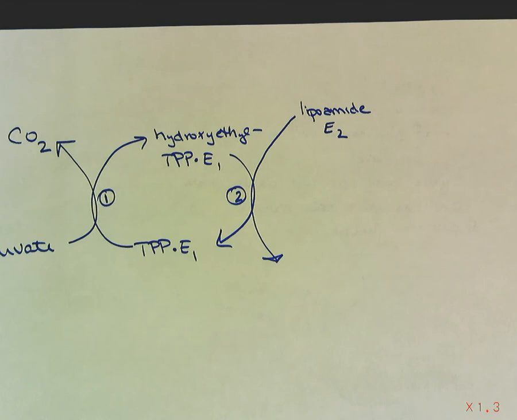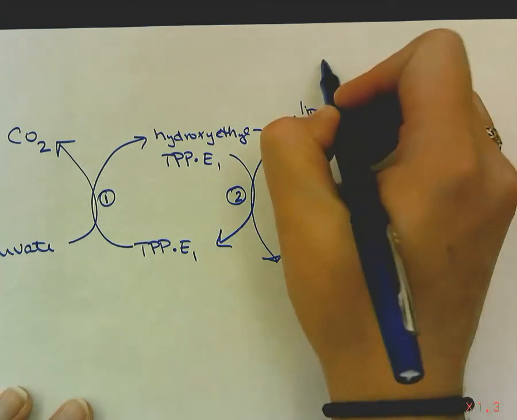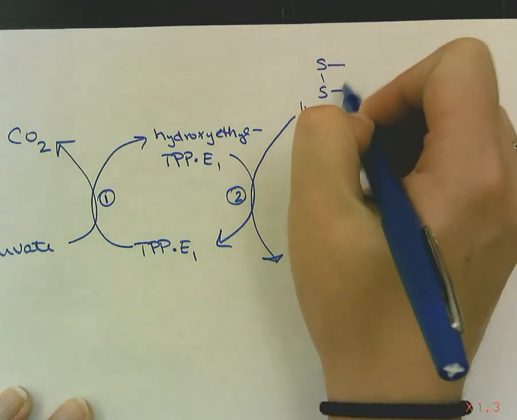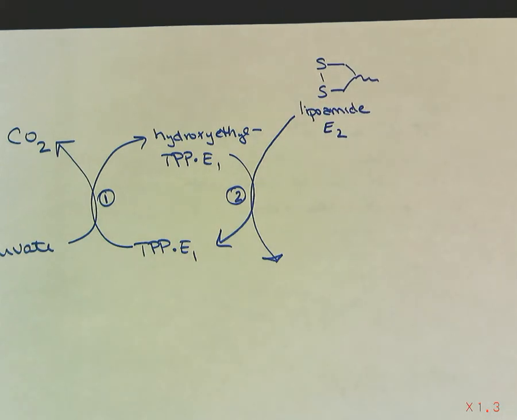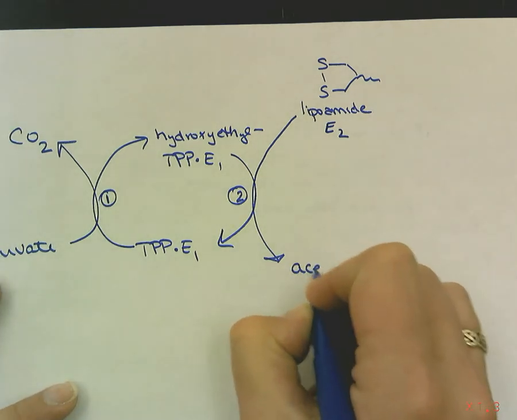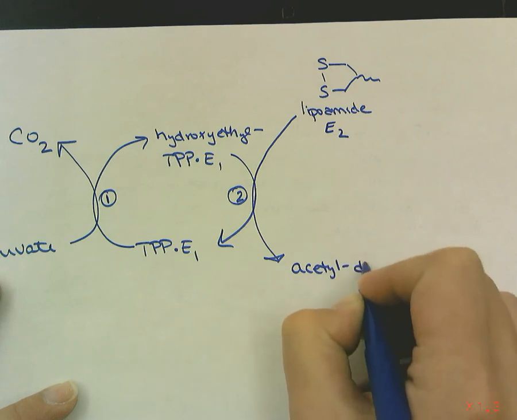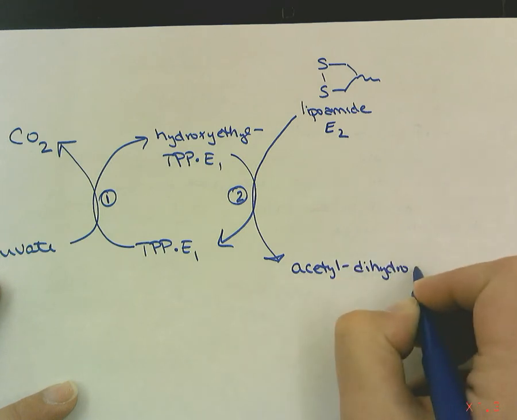So now E1 and E2 are going to interact. The lipoamide, which was this guy, had this dithiol cycle in it. It's going to interact with the hydroxyethyl TPP-E1 to regenerate E1 and to make the acetyl dihydrolipoamide.